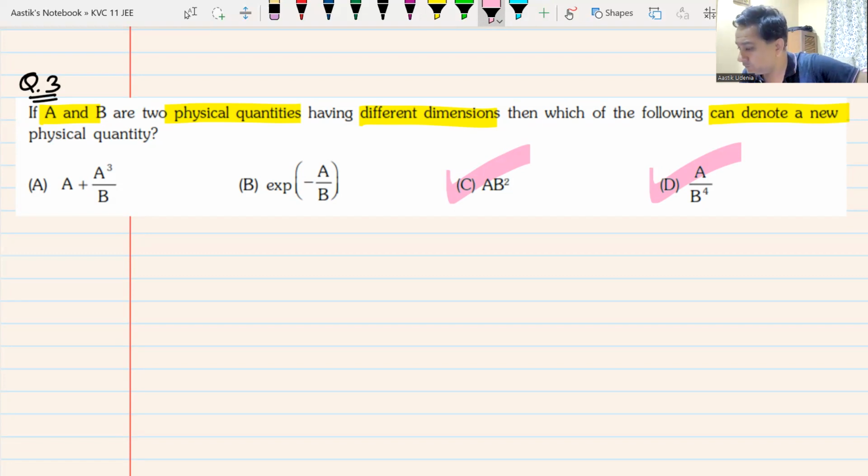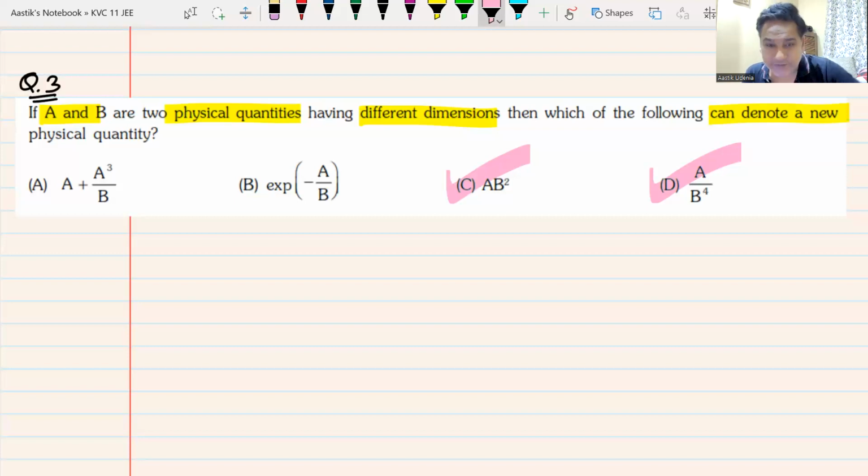Sir, we know that same physical quantities can be added or subtracted, but in option A, different. How do you know it is different? A is not added with B, beta. A is added with A cube by B, and A cube by B may be same as A. Yes or no? That is how they confuse you in the examination hall.